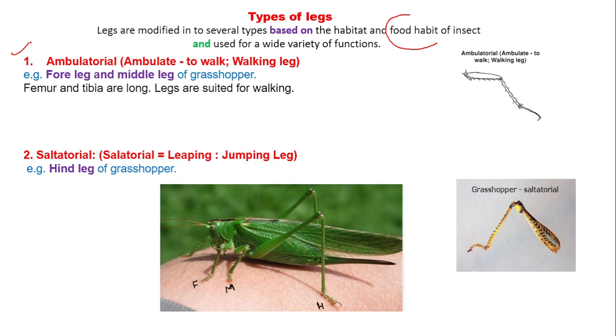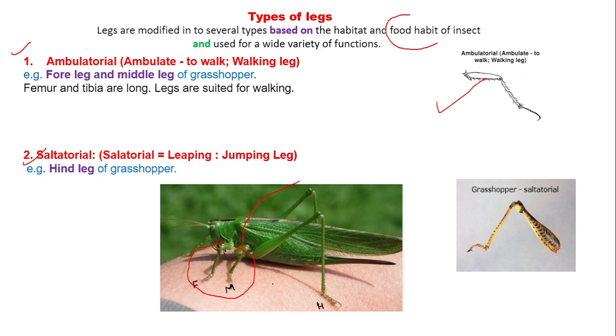Ambulatorial legs. These are the walking legs. The fore and mid legs of the grasshopper are ambulatorial legs, and these legs help the grasshopper in walking. Saltatorial legs. These are the leaping or jumping legs.